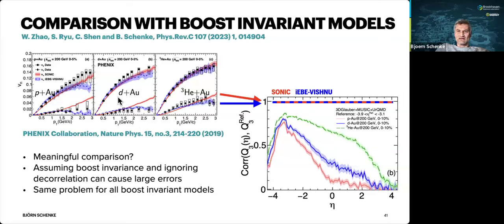I don't know, right? The same issue is with IP-Plasma. Whatever boost-invariant model you use, you're missing entirely this effect of decorrelation. And then you have to compensate for it with, I don't know, different viscosities, etc. But you should run into trouble at some point when you want to describe large systems and small systems at the same time, if you don't have the 3D calculations.